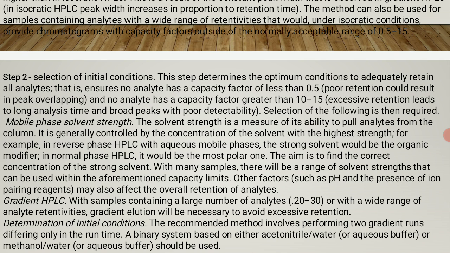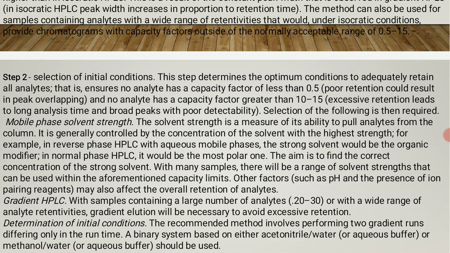With many samples, there will be a range of solvent strength that can be used within the aforementioned capacity limits. Other factors may also affect the overall retention of analytes. Gradient HPLC: with samples containing a large number of analytes or with a wide range of analyte retentivities, gradient elution will be necessary to avoid excessive retention.